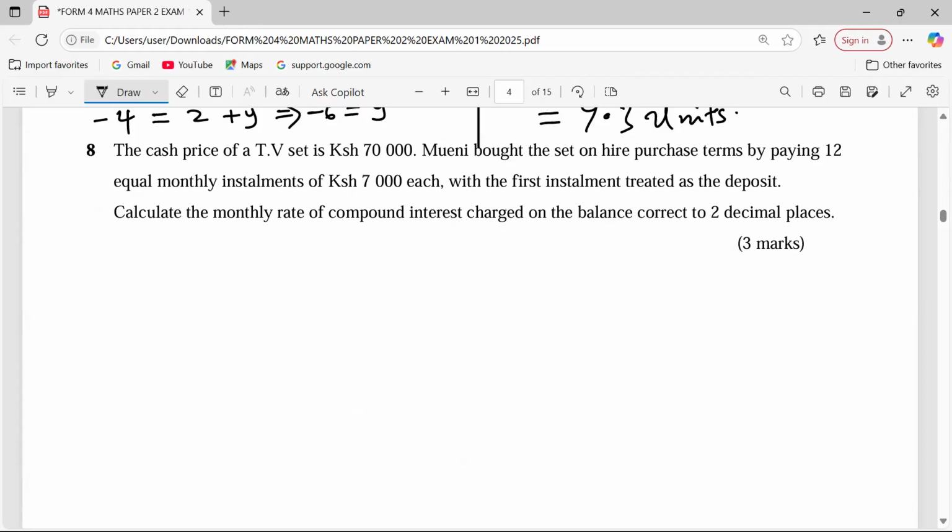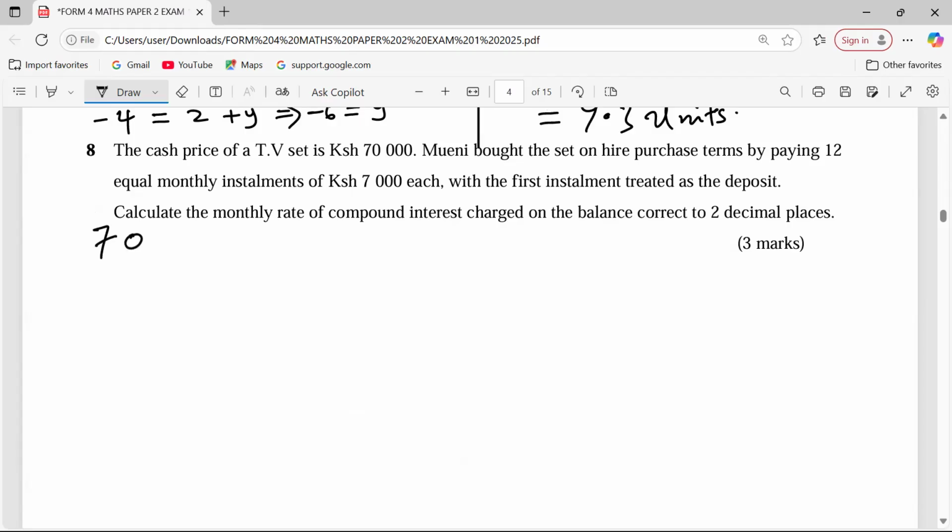Interest is usually charged on the balance after the first deposit, and this balance is from the cash price. Therefore, when Mweni came to the shop to purchase a TV set costing 70,000 shillings, she came with 7,000 at hand. So this first installment shall be treated as the deposit.